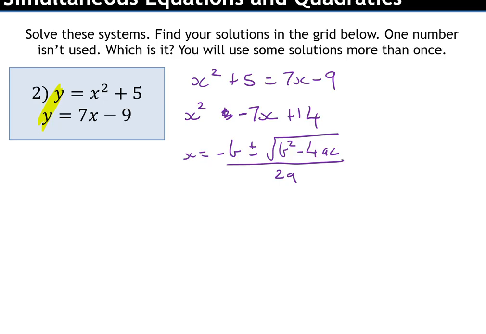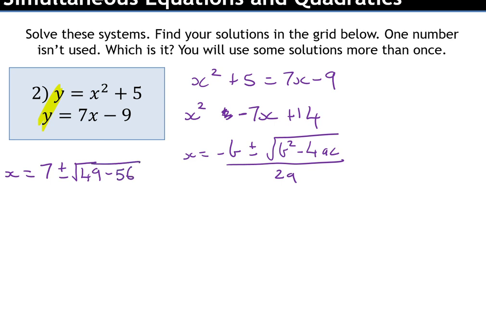So I will just substitute everything in now on my left-hand side. So b is -7, so a negative and negative is a positive. So that will be 7 plus or minus, again, b squared, so squaring it will be 49. So square root 49 take away 4 times a, which is 1, times 14. 4 times 14 is 56.